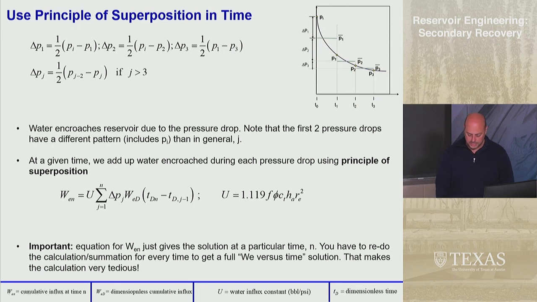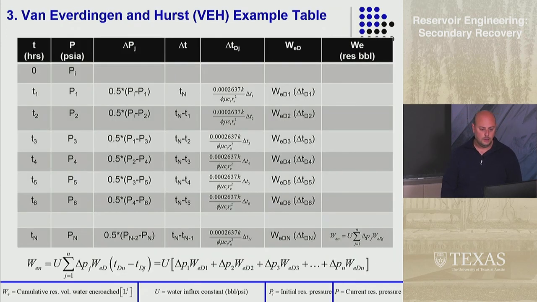So we're almost out of time. I'll very quickly explain this, and don't worry, we're going to come back to it. We're going to do some examples. But basically what you're going to be given is time, maybe in hours, and the pressure of the reservoir, which is here in the second column.